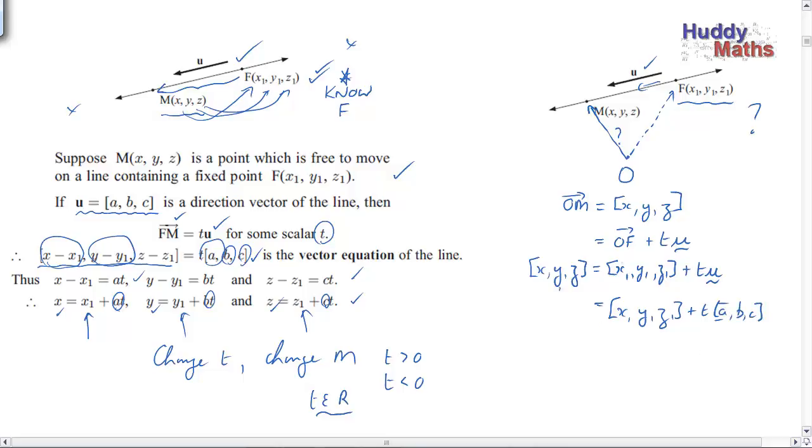So we come directly to this vector equation, and you can unpack it in the same way. x equals x1 plus t times a, here it is, those components make up the overall x component. y equals y1 plus t times b, and z equals z1 plus t times c.